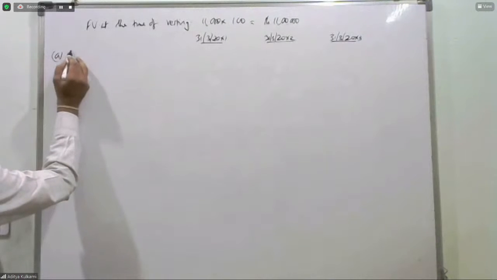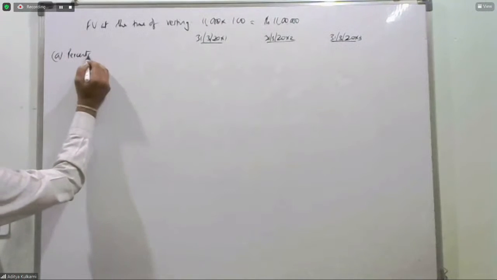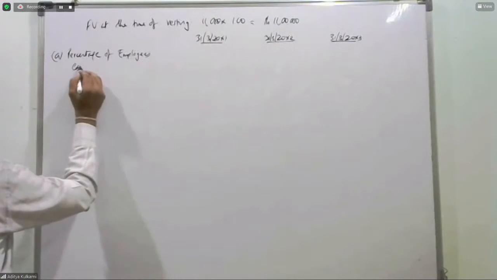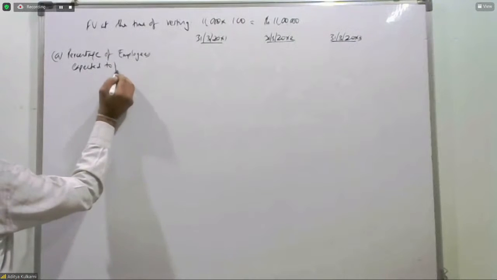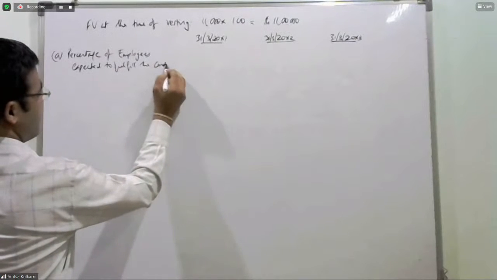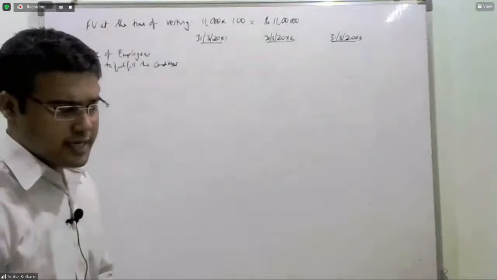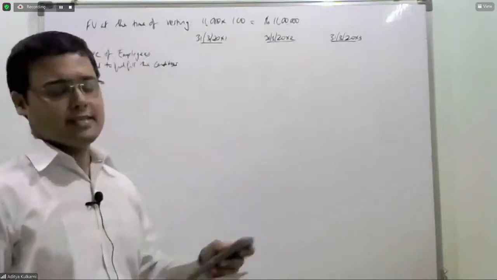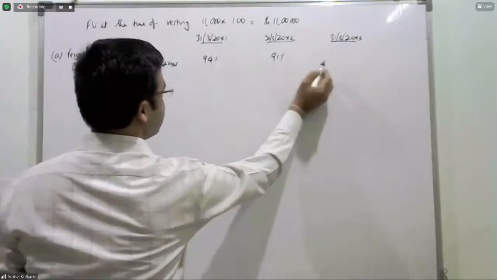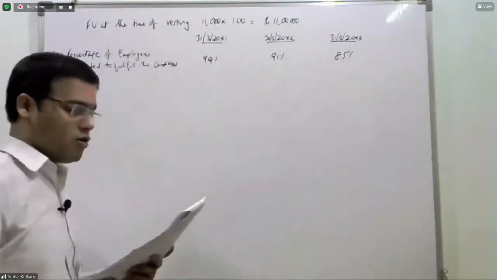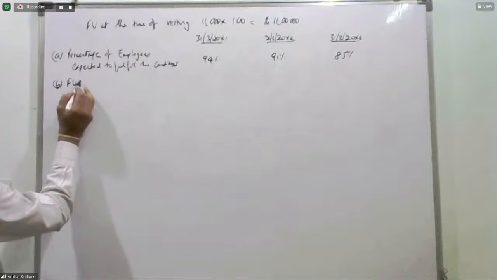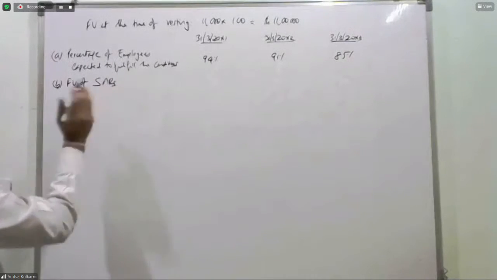So first one will be percentage of employees expected to fulfill the conditions. It is vested immediately, but you think that it won't be exercised. All right. So therefore 94%. Then you think 91%. Finally, actually how much has been vested? 85%.